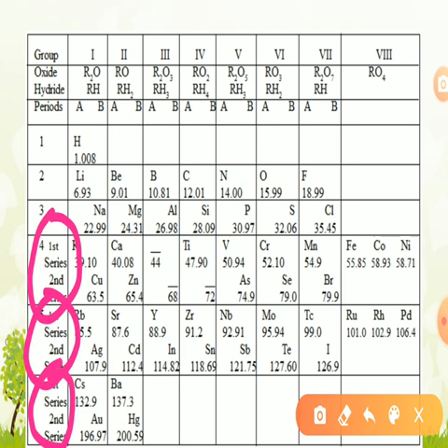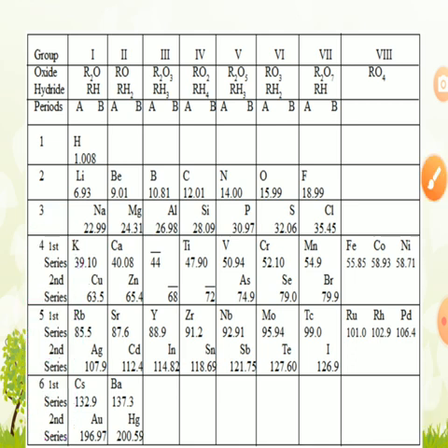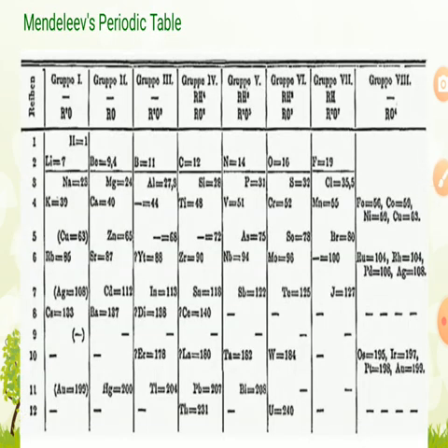It has been clubbed here, and in this table it is shown differently. This table is also there in your textbook, so I am referring to this table for you all.